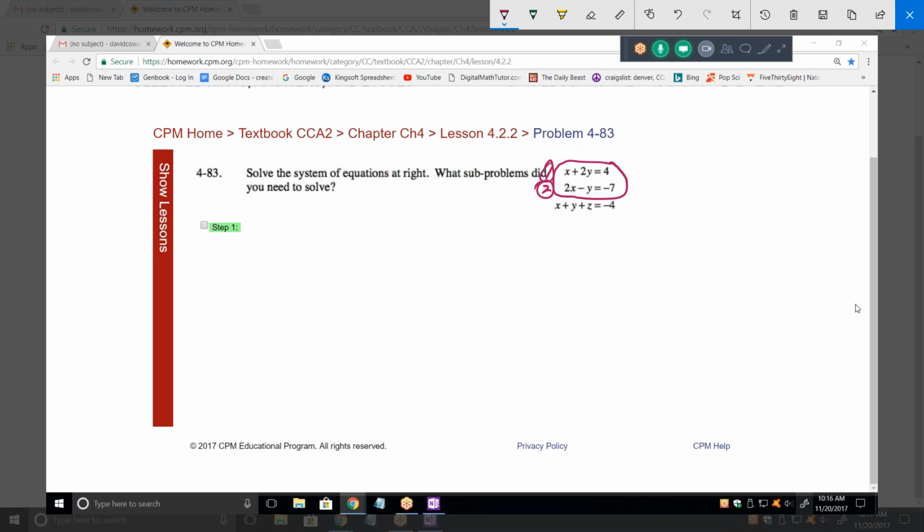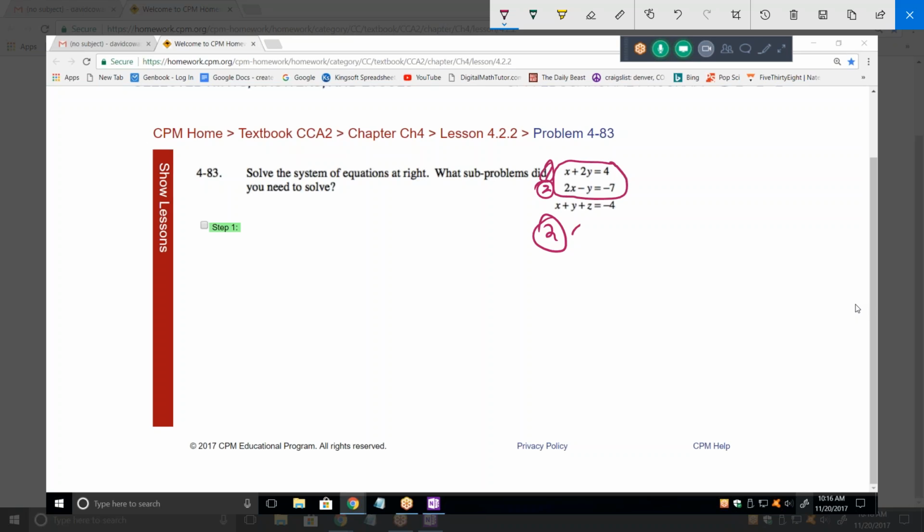So what can we multiply one of these equations by such that then when we add it, something will go away? Give you a hint. Do equation 2. What do I have to multiply equation 2 by? 2.